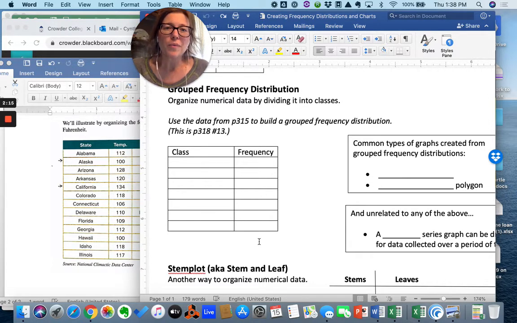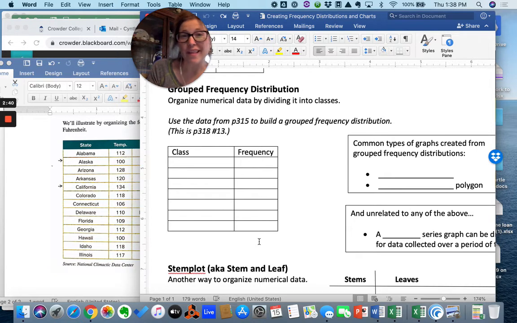So we probably want somewhere between like 5 to 8, maybe 10. We want to have enough that it's meaningful and few enough that it's meaningful.